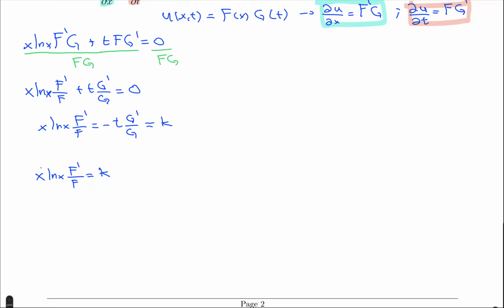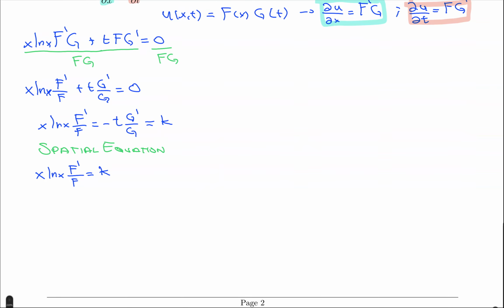Notice in this case, x is whatever is related to the dimension, to the space. So typically we call this the spatial equation. So we're going to solve the equation for the space. Well, in this case, it's only the one-dimensional space. I know when you hear the word space, you think of the three-dimensional space, like in multivariate calculus. No, spaces can be one-dimensional, two-dimensional, n-dimensional.